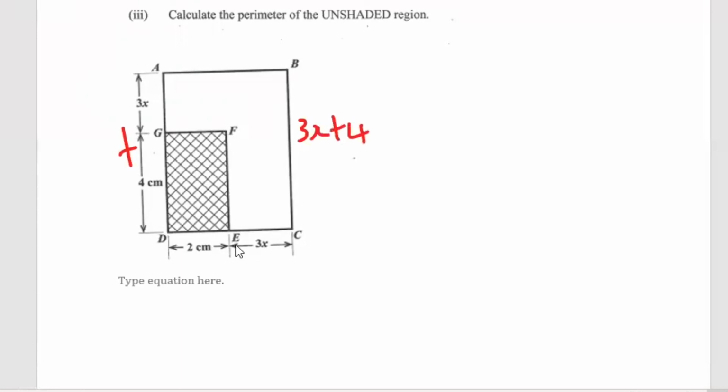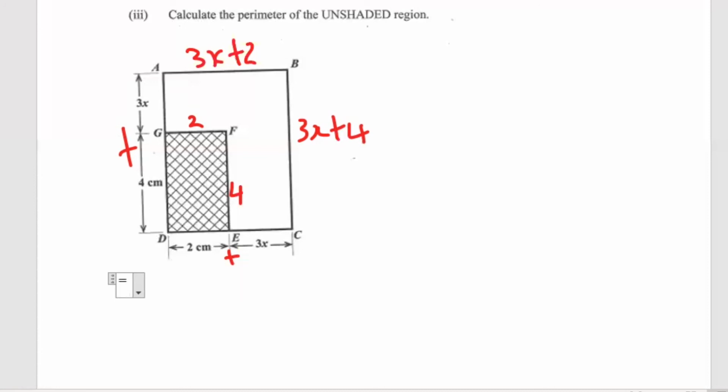This DC would have basically been 3x plus 2, so therefore AB, which is opposite, is the same thing, 3x plus 2. And we know that right here is 4 and right here is 2. So this is what we're doing to calculate the unshaded region. So it is a 3x plus 2, 3x plus 4. We're using 3x here, 4, 2, and 3x from this part. These are the terms we're using to calculate the unshaded region.